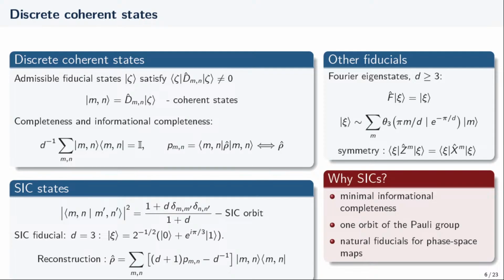So in the continuous case, what properties does a system of coherent states have? For instance, they resolve the identity, and in addition, in the continuous case, we can use coherent states as an operator basis.